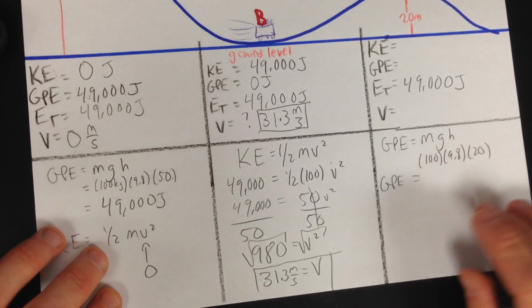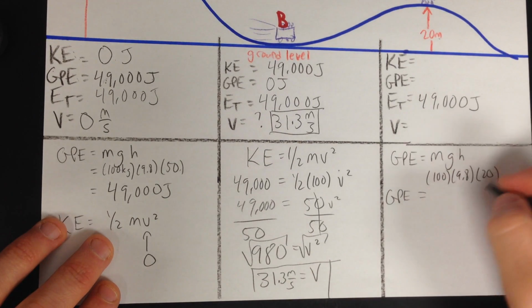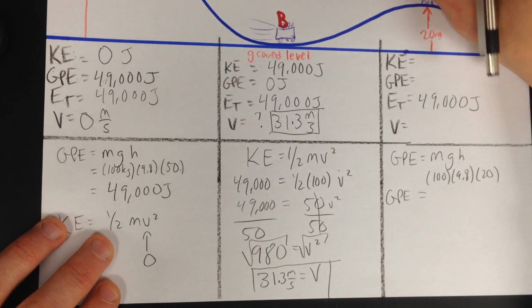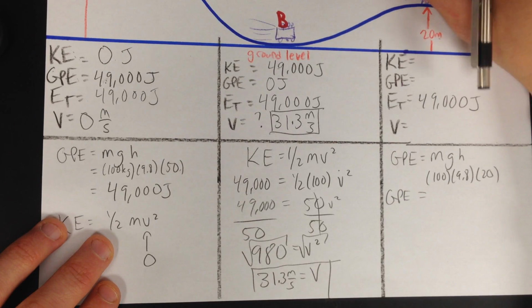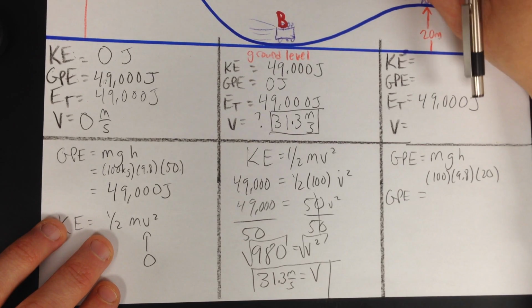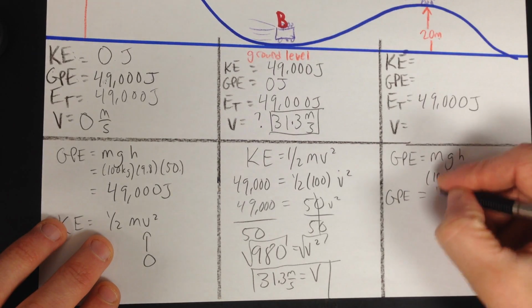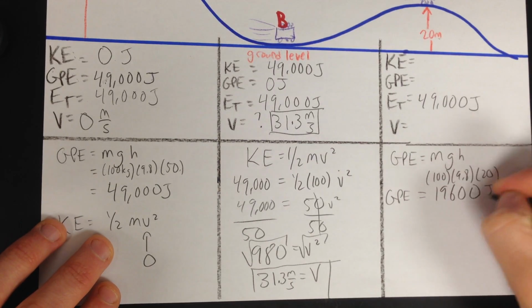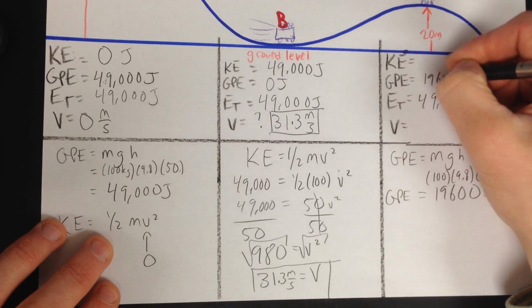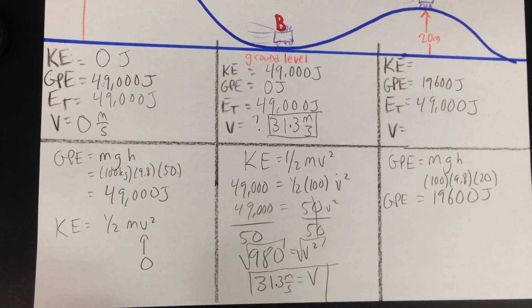So your GPE comes out to 100 times 9.8 times 20. Do this on your own calculator as well. 19,600 joules. So you just use the height to calculate that.